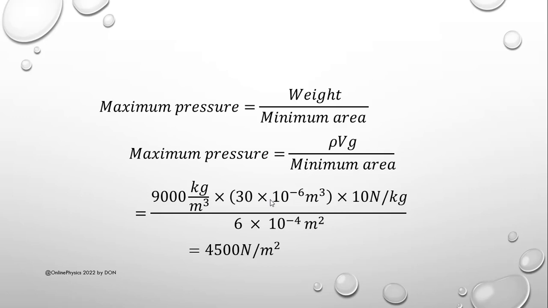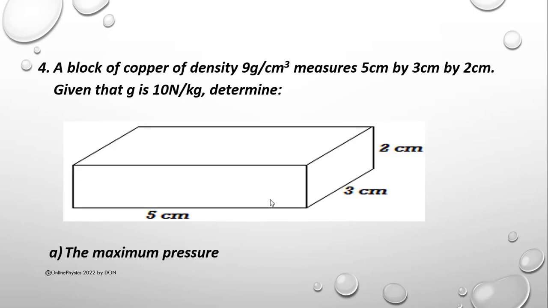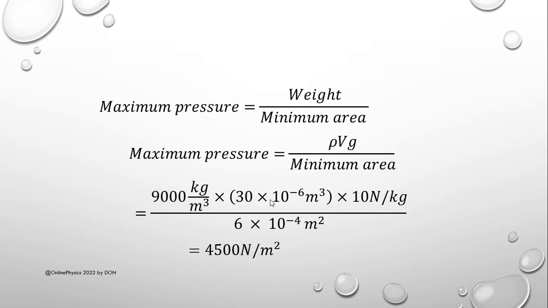So we convert all those units to meters. 5 centimeters converted to meters gives 0.05, times 0.03, times 0.02. Those will give us a volume of 30 times 10 power negative 6 cubic meters, that is in standard form. Then times g, then we divide by the minimum area.